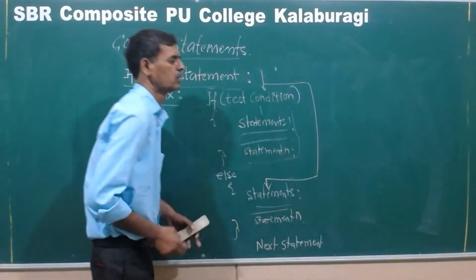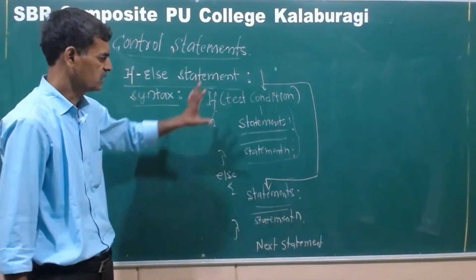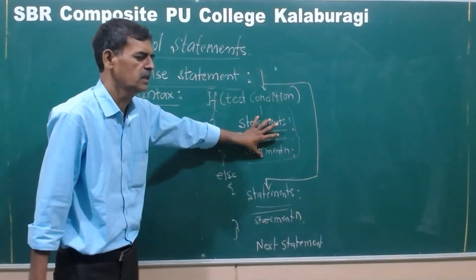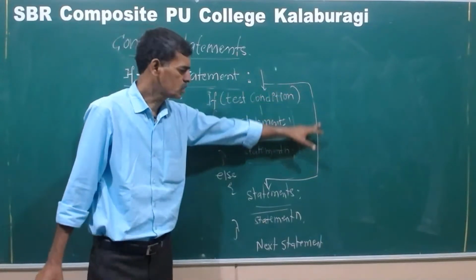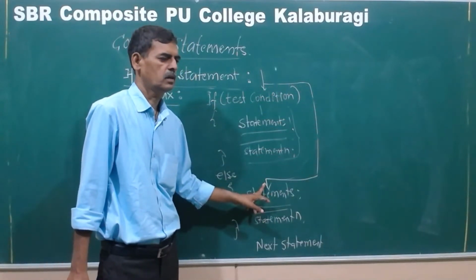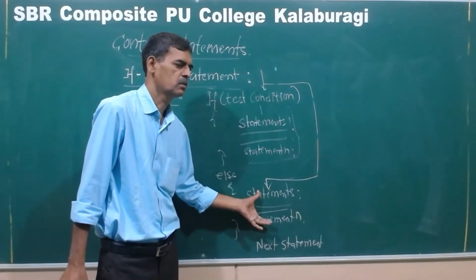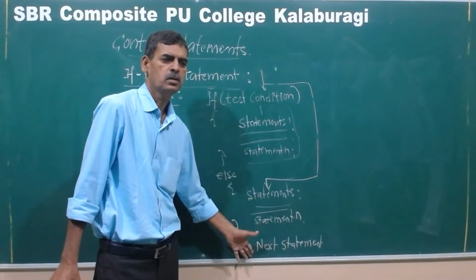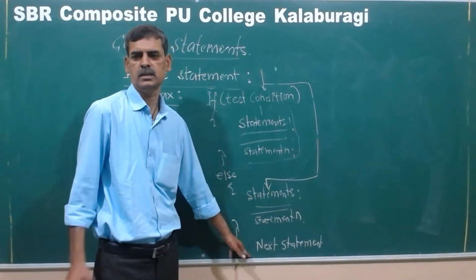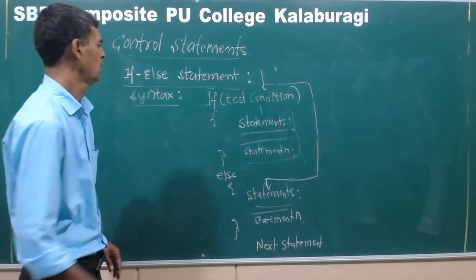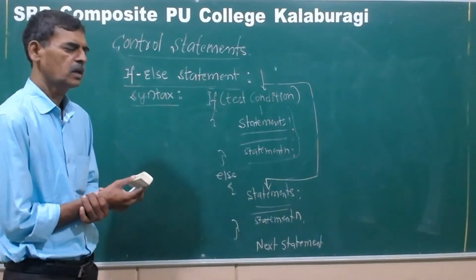Okay. If test condition is false, these statements are neglected. Control goes to else part of the if else statement. Then these statements are executed. Then it goes to next part of the program, that is next instruction. Clear? Okay. I'll draw block diagram for this.